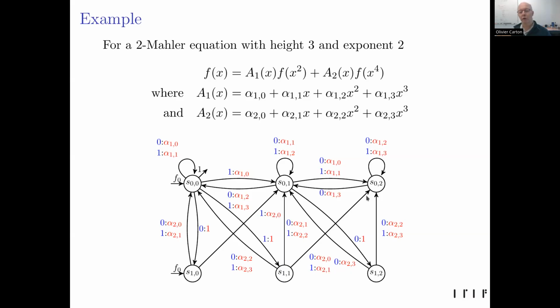As you can see, here we are in base 2, so the input alphabet, in blue, is 0, 1, and the weights of the transitions are always coefficients coming from the two polynomials A1 and A2. The automaton is quite regular, in the sense that it's easy to predict what you have.